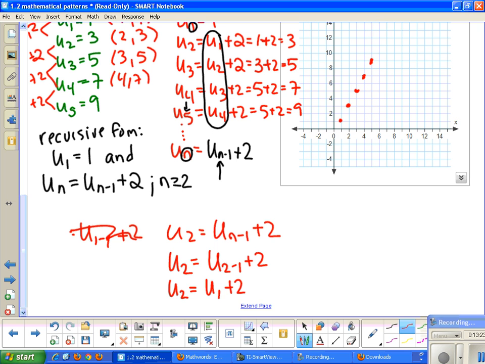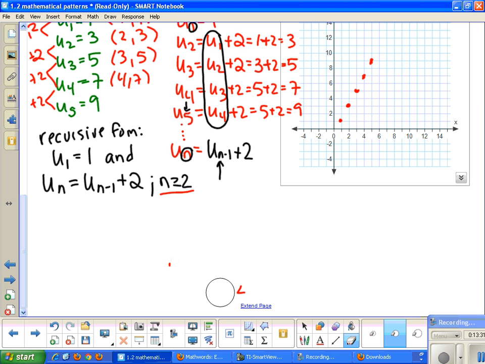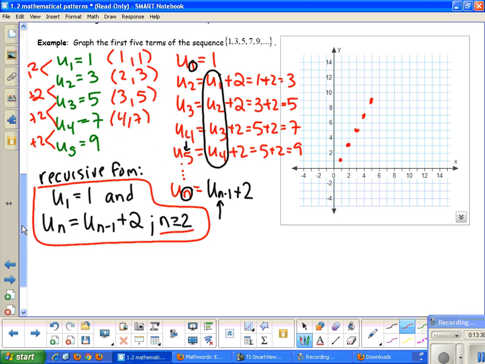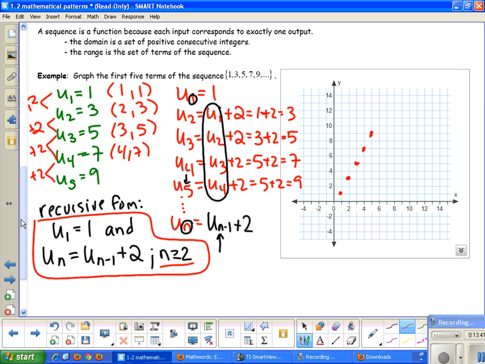If the value of n is anything lower than 2, then the formula would not work for my recursive form, so you also have to state the values that n is greater than or equal to. That would be the recursive form. In order to use this form, I would have to know all the previous terms to get to the next term. We also have the explicit form, where instead of having to know all the previous terms, I can just plug in the number I want for n into the equation and solve it, which we'll talk about in more depth in just a little bit.